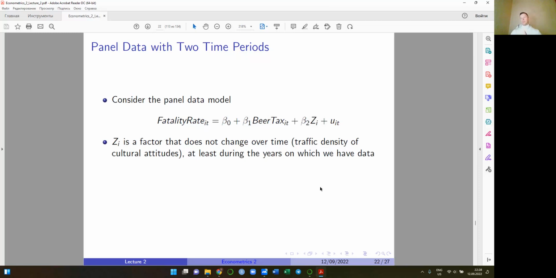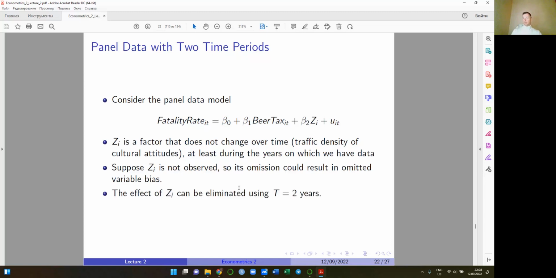We need to tell a convincing story that these factors do not change over time. Suppose we don't observe this Z, and we simply drop it from our model. The result can be omitted variable bias. But we can eliminate this problem with the help of only 2 years.